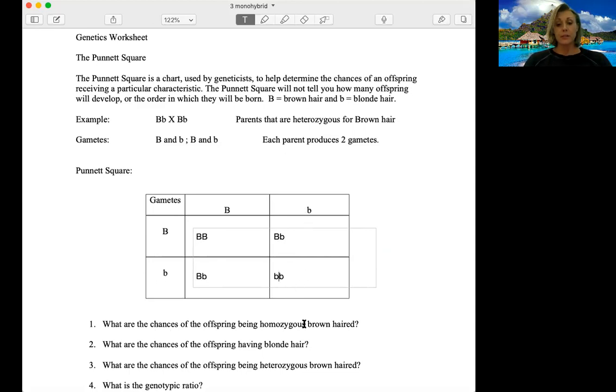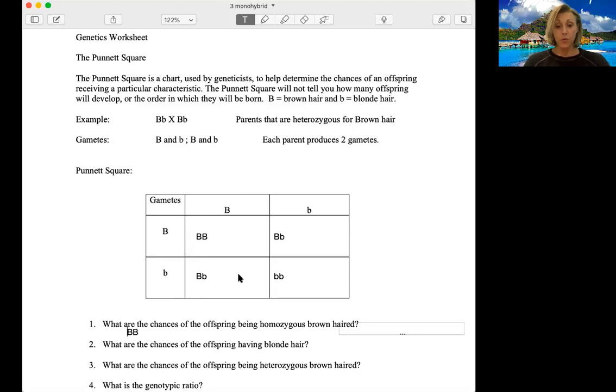So what are the chances of the offspring being homozygous brown hair? What that means is, what are the chances of it being big B, big B? How many in that square are big B, big B?